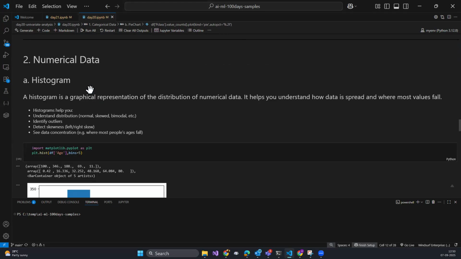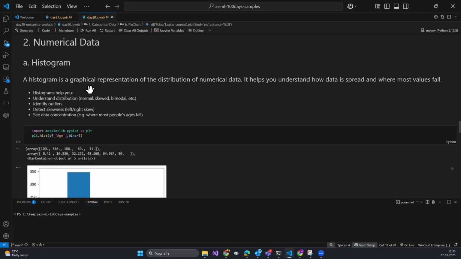So univariate analysis on numerical data. For numerical data, one analysis we do often is the histogram. It is quite important. A histogram is a graphical representation of the distribution of numerical data.